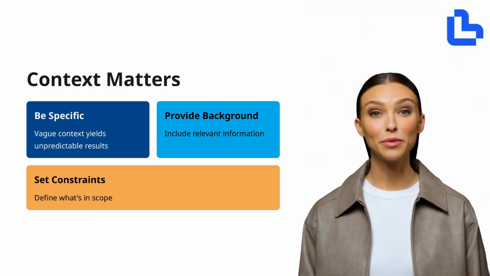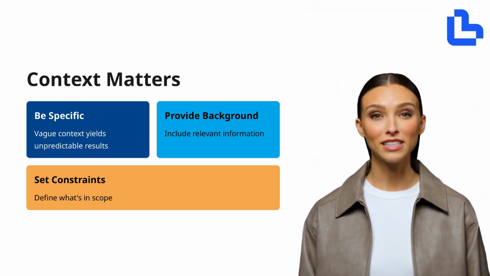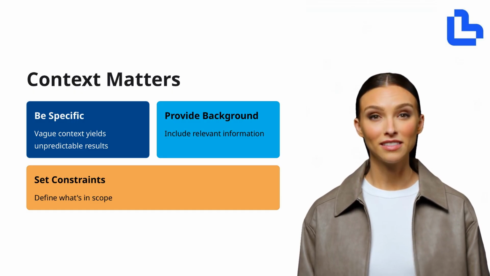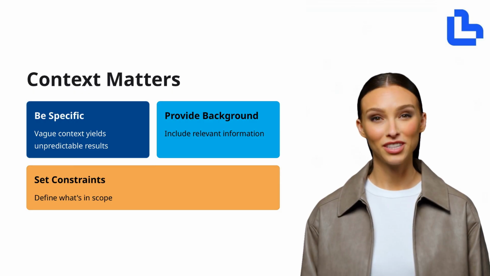For example, you might say, focus only on features released in Q2, or exclude any technical jargon. These boundaries help the AI stay on track and deliver results that are not just correct, but useful. In short, context is the compass that guides the AI. Without it, you're sailing blind. With it, you're navigating with precision.